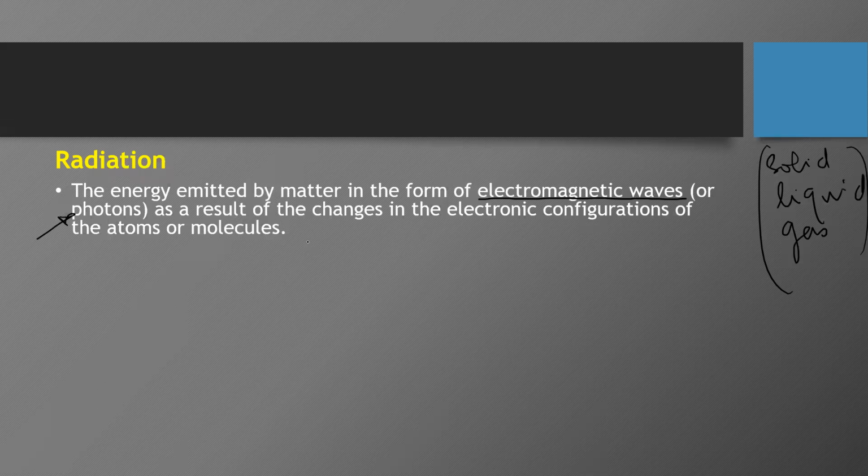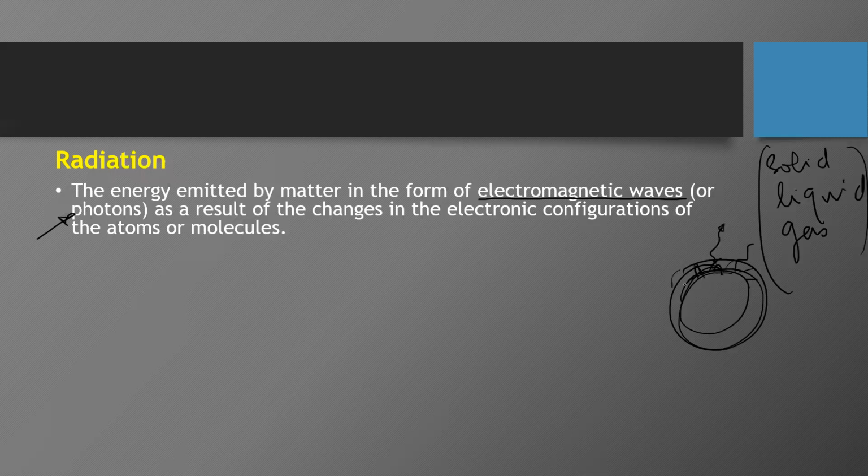This line is a little bit deeper, but if you have some deeper knowledge in physics, you can understand it. When the electronic configurations of these atoms or molecules change, when the orbits are changing here and there, that will release photons.